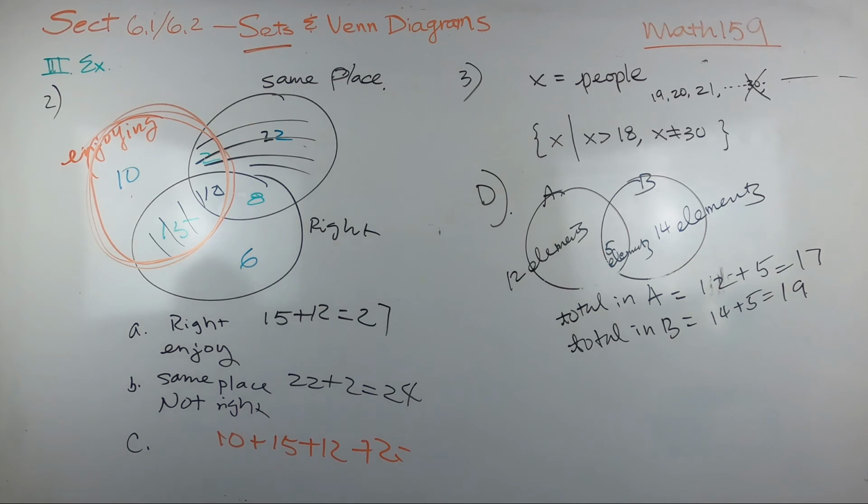You have to count them all. So that would be how many? 25, 27, and 39. Okay, that's how we will count it.